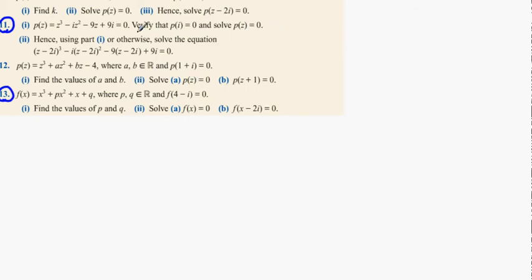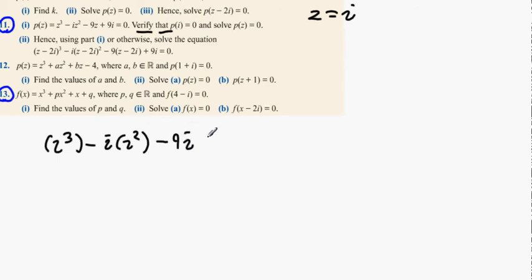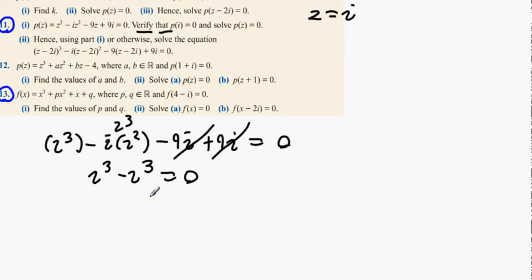To verify means that p of i definitely equals 0. z equals i, so replace all z's with i's. We're going to get i cubed minus i times i squared minus 9i plus 9i. So the 9i's cancel. i times i squared is i cubed, minus i cubed equals 0. 0 equals 0. That's verified.